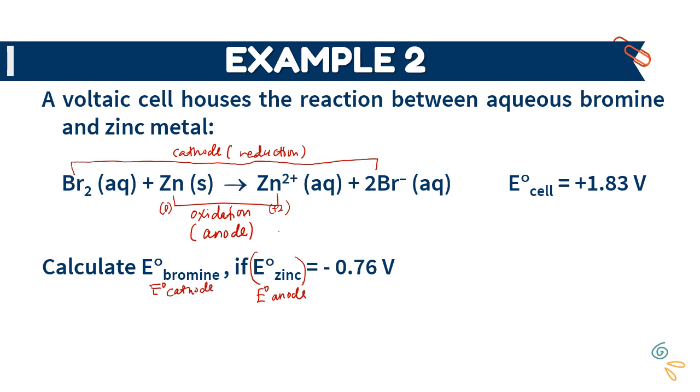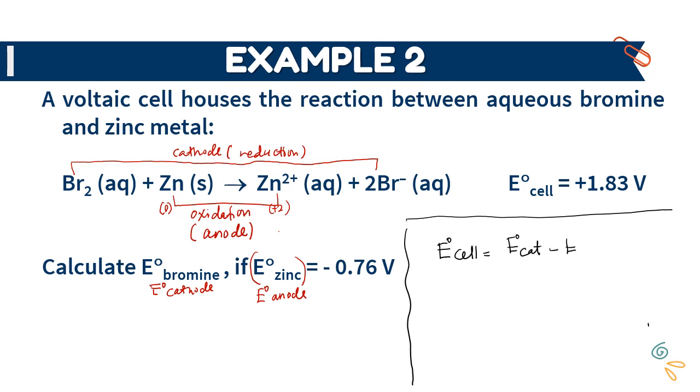Why is determining which one is anode and which one is cathode important? This is because the equation you write down will be E naught cell equals E naught cathode minus E naught anode.